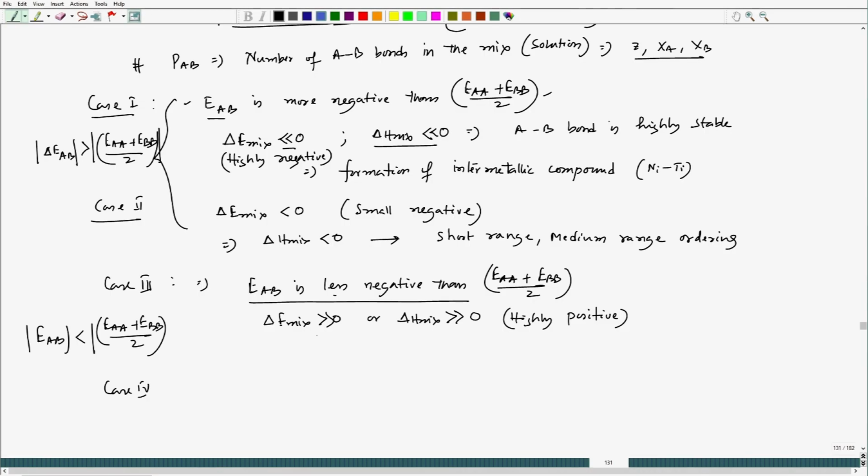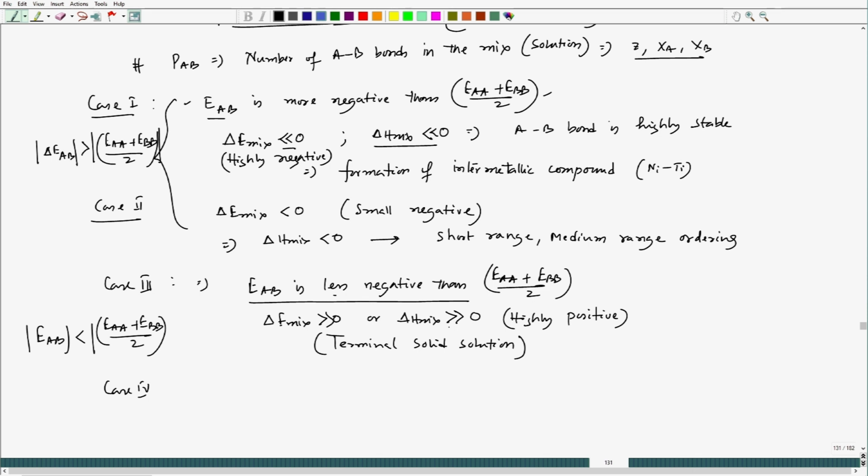Then in those cases we can have terminal solid solution. This is one example.